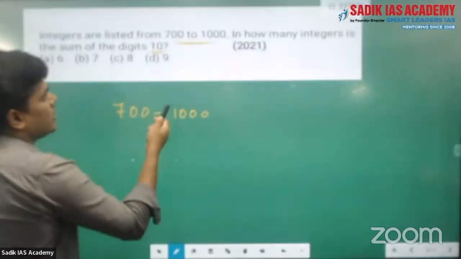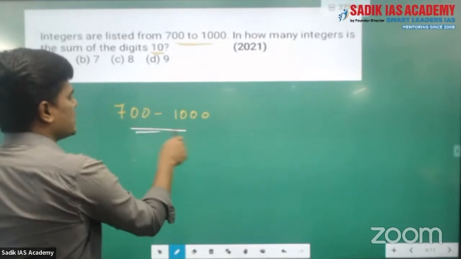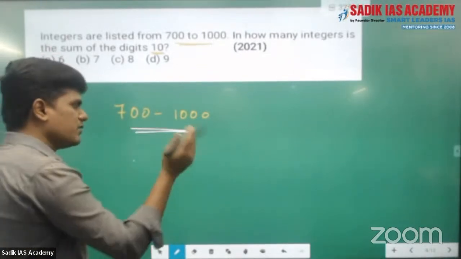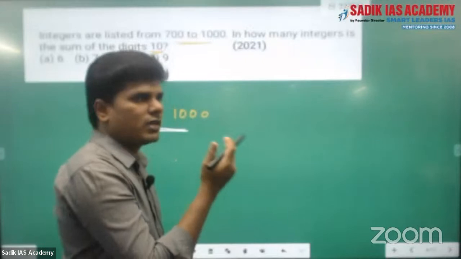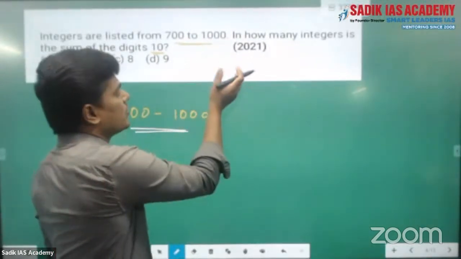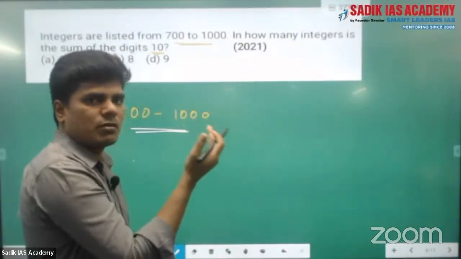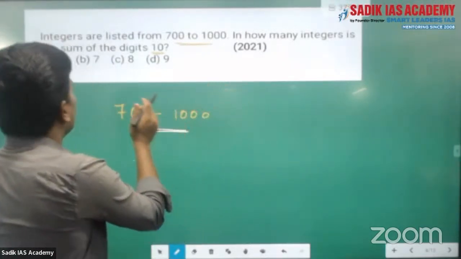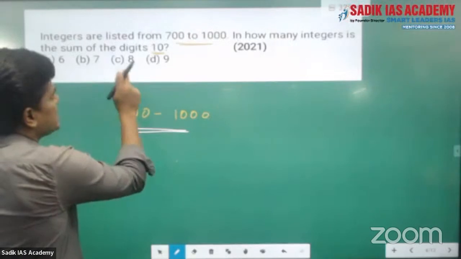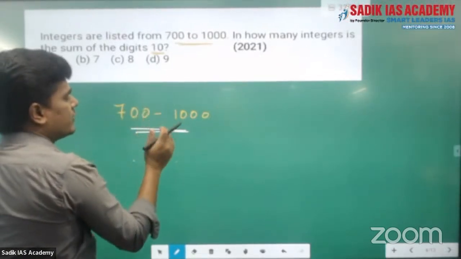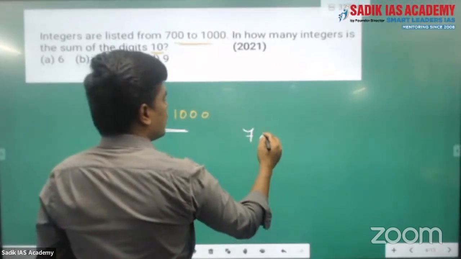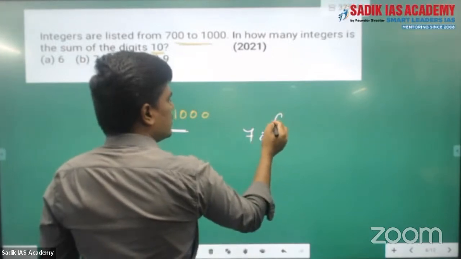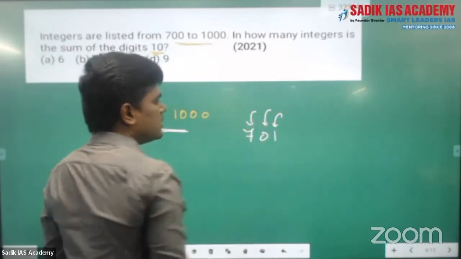And they are asking, in how many integers? You know what an integer is: positive integers and negative integers. From 700 to 1000 means only positive numbers, and in those numbers the sum of the digits is 10. Suppose I take 701: unit digit, tens digit, hundreds digit.